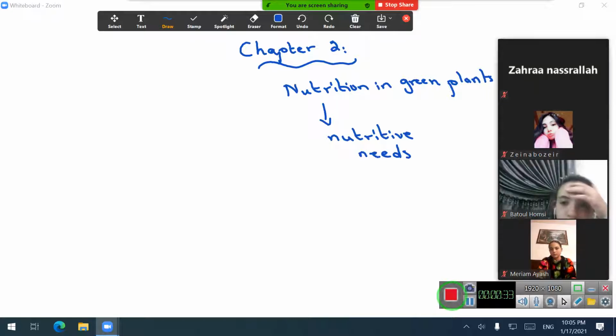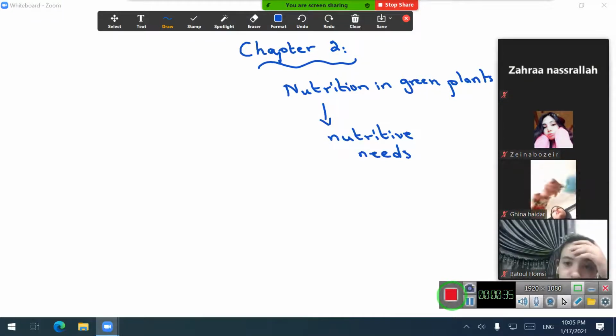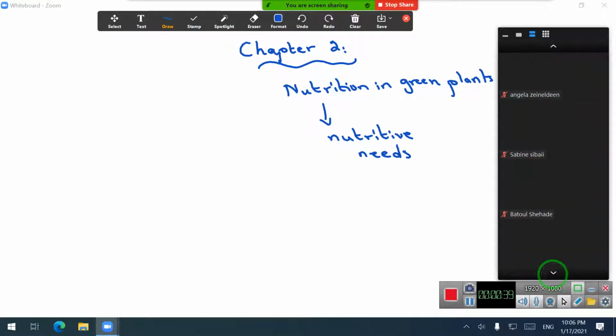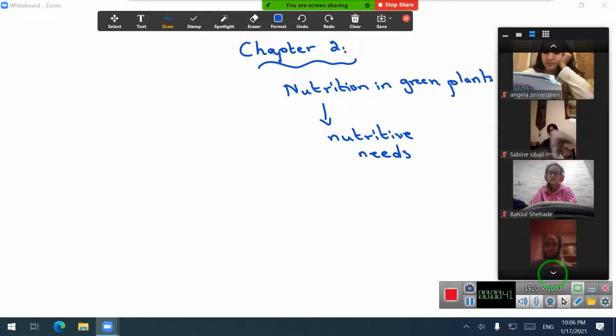In activity 1 in your books, we are going to recognize what are the important nutritive needs which green plants need to produce or make their own food by a certain process.